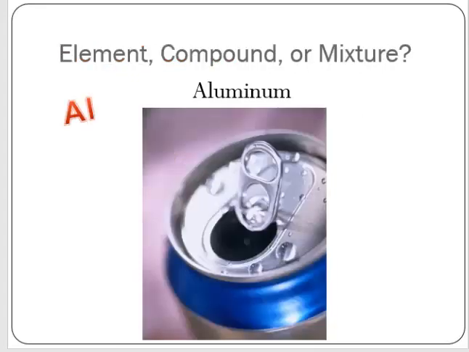Let's do a nice, delicious aluminum can here full of delicious soda pop. Aluminum represented with the formula Al. It is on the periodic table of elements because it is an element.